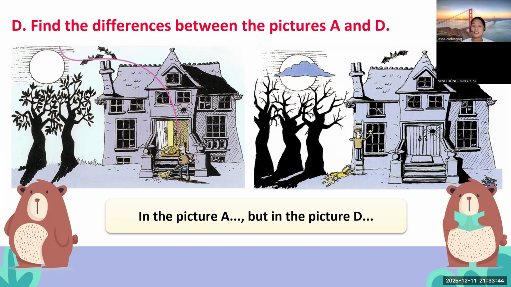Come on, what are the differences? Look there. This is picture A. Next, there is picture D. You can say that in picture A, the trees have leaves. How about in picture D?